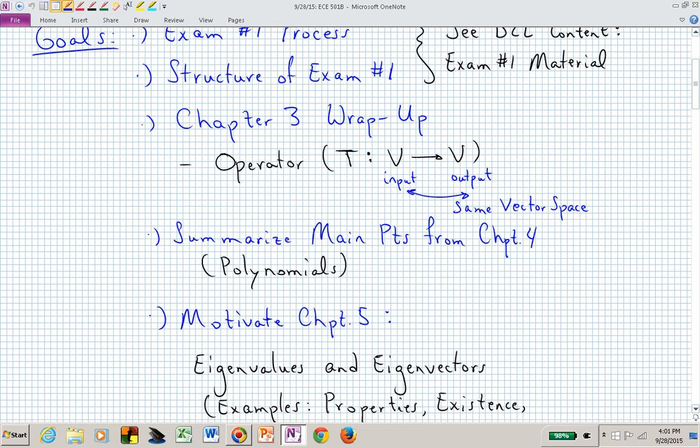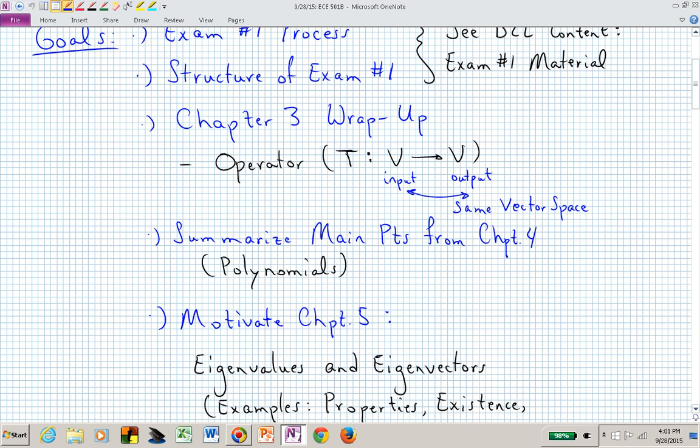Your input vectors and your output vectors both live in the same vector space, and that results in some pretty useful properties.